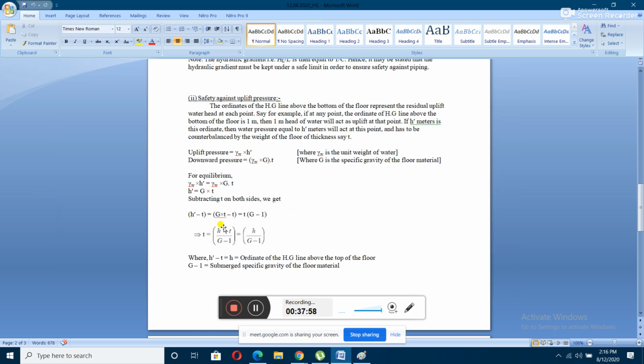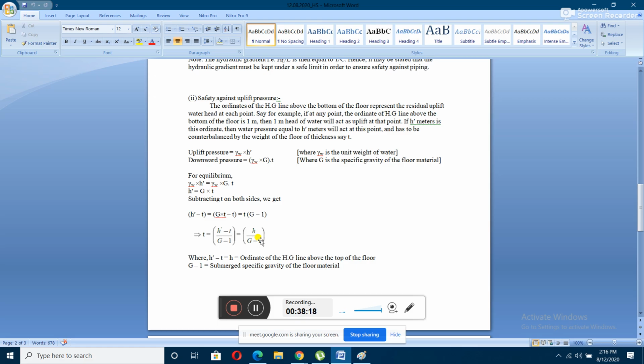So h equal to, if we just bring it on both sides and then cross multiply, what will we get? The t value will be equal to h by G minus 1. What is the value of G minus 1? It is the submerged specific gravity of the floor material. Okay.